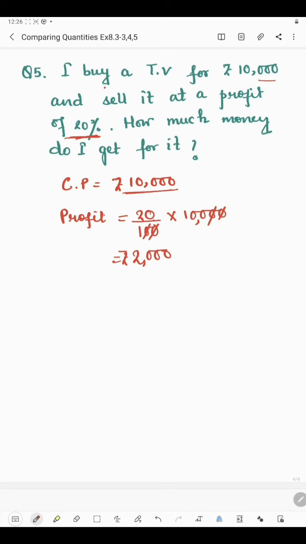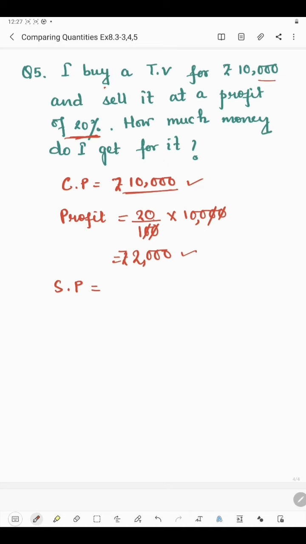Now we have to find how much money I get for it. That means we have to find the selling price, at which price I sold the product. So the selling price of a TV will be the cost price, which is 10,000, plus the profit of 2,000.